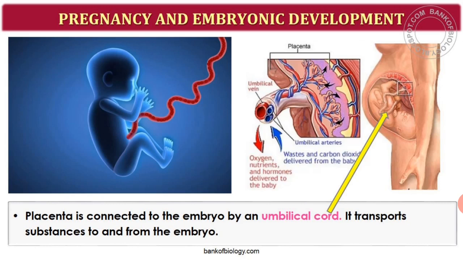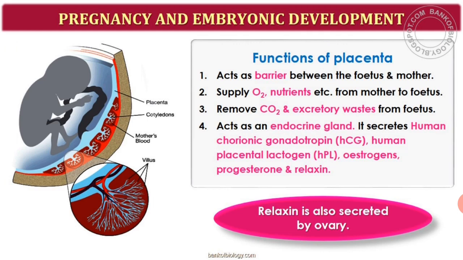As well, the placenta is going to produce certain hormones, because it acts like an endocrine gland as well. It is going to secrete mainly hormones like HCG, that is human chorionic gonadotropin, then human placental lactogen, HPL, then estrogens, progesterone and relaxin.